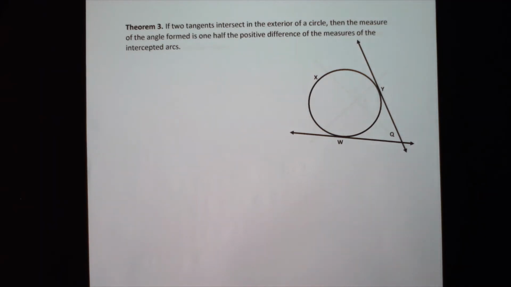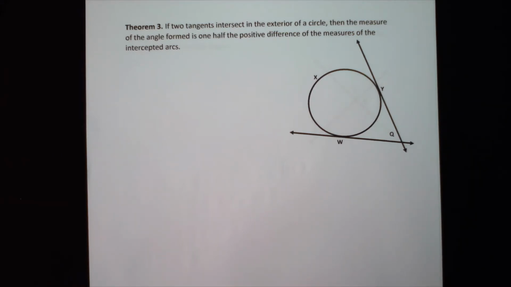Okay, let's have example number 2, or theorem number 3. If two tangents intersect in the exterior of a circle, then the measure of the angle formed is 1/2 the positive difference of the measure of the intercepted arcs.